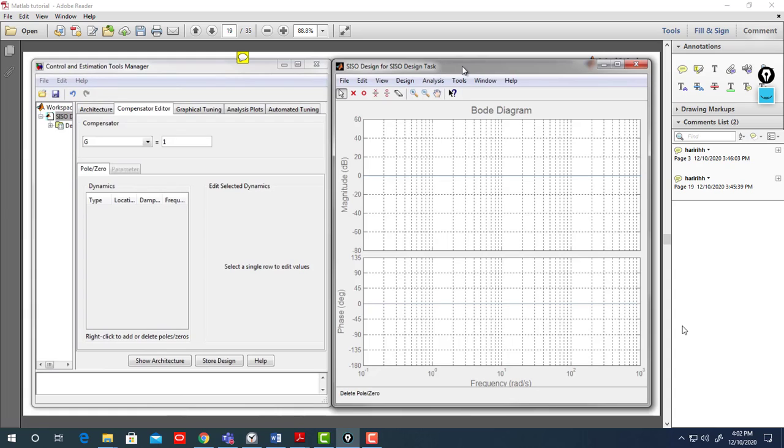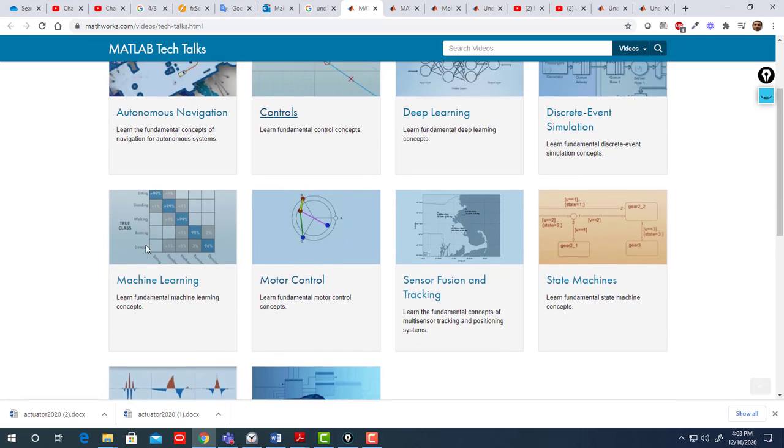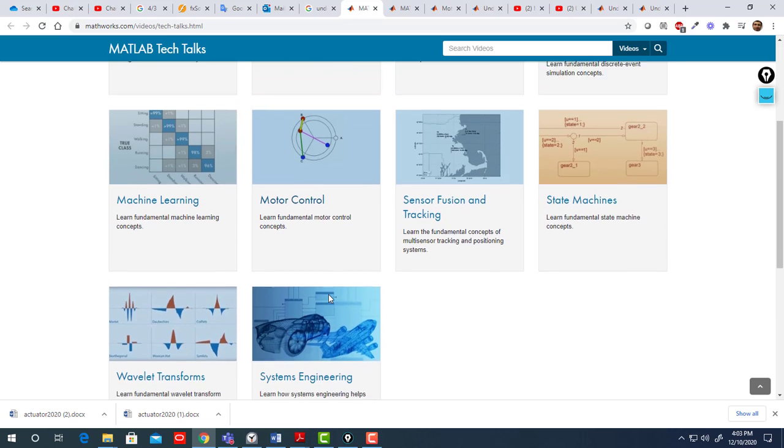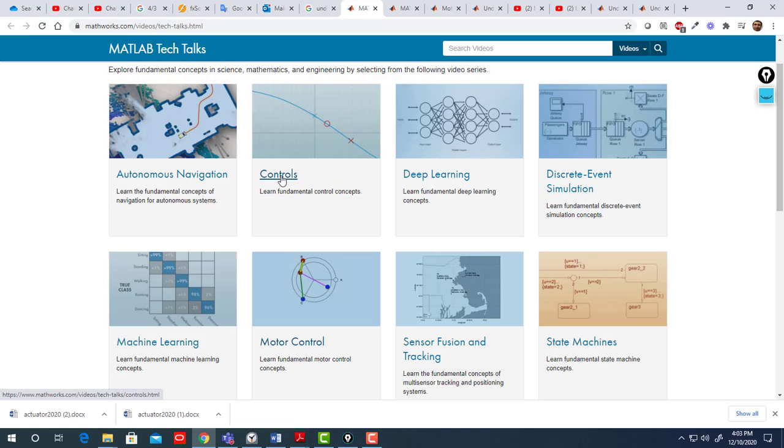Before starting this, let's do a refreshment or wrap up of what we did up to now via a MATLAB tutorial. Basically, this MATLAB tutorial I took from MATLAB Tech Talks. If you go to MATLAB Tech Talks, you'll find a lot of interesting things, mainly in control for electrical and control in general for motors.